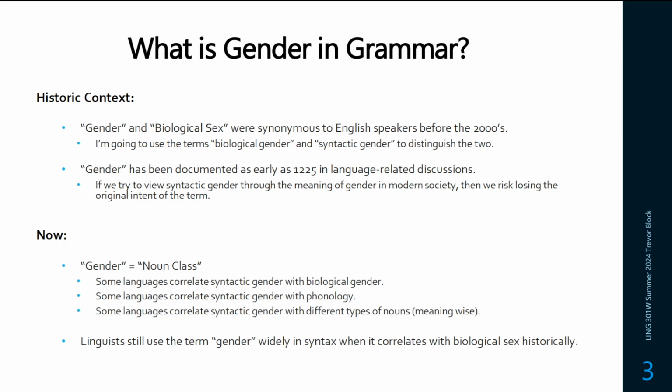Some languages are not like that. They care more about the morphology or the phonology. And in some languages, gender is more than just masculine, feminine. It also corresponds to other semantic criteria, like maybe large animals versus small animals being in different gender classes. So we still use the term gender when we talk about noun classes in linguistics, but we just have to remember that the term gender in linguistics is a little bit different than the term gender that we use socially.